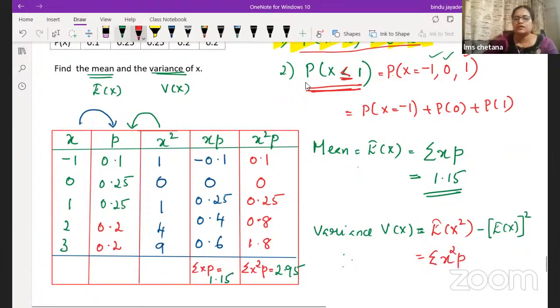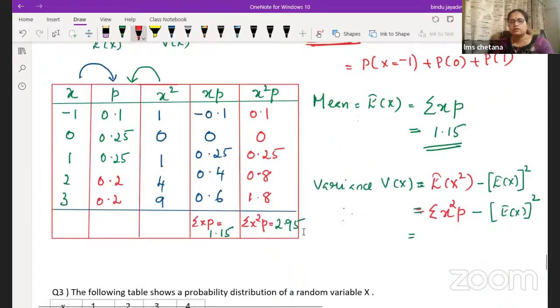I'm writing with two different color pens to understand where we are writing. More easy to catch. Now this answer, sigma x square p, is from where? That is from here. 2.95 directly from the table, minus E of x, which we already know, 1.15 squared. So first square, then subtract, that is your answer.